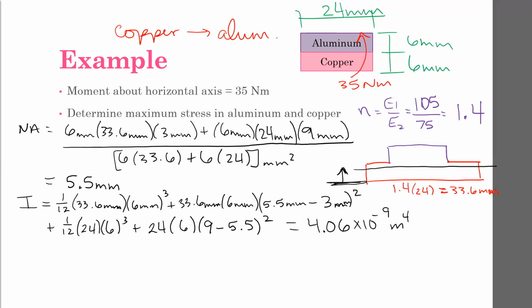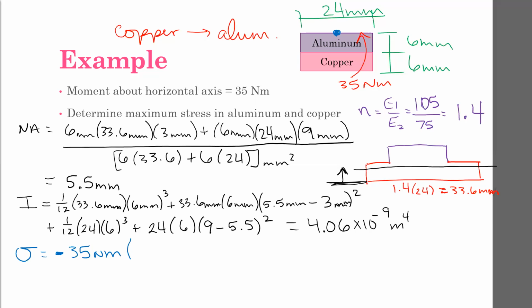Now when I calculate stress, negative 35 Newton meters. Let's see, which one do we want to do first, the aluminum or the copper? Okay, so he wants this value up here, the stress at that point.